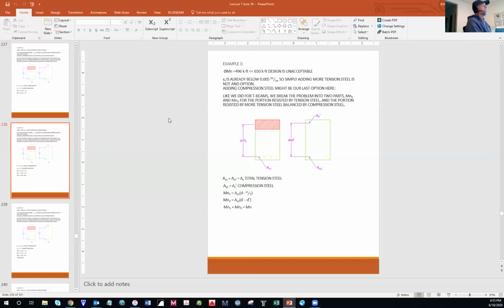And no, you're going to design 2 sections. You're going to have one section that's in positive bending with number 9s at the bottom of the beam. And you're going to have another section, same beam, but another section that has tension on the top of the beam, and you're going to use number 10s.